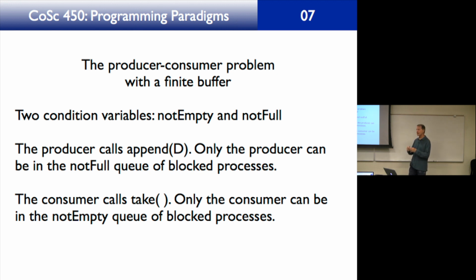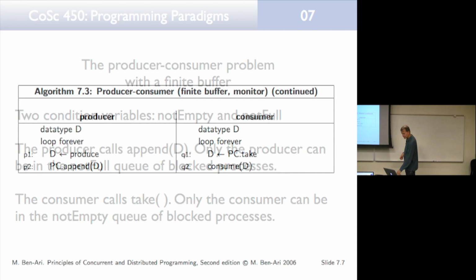The consumer cannot take, in the same way that the producer cannot produce something and put it on a queue that is full, the consumer cannot do what? Yeah, cannot take from a buffer that is empty. And append and take are going to be monitor methods. That's the idea.